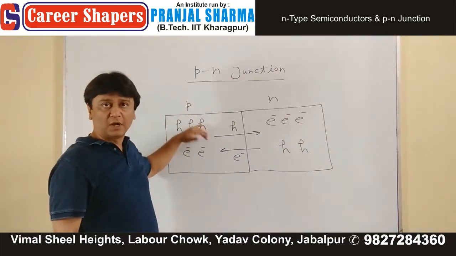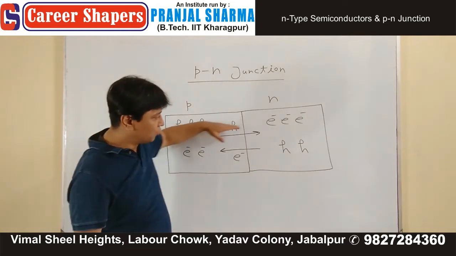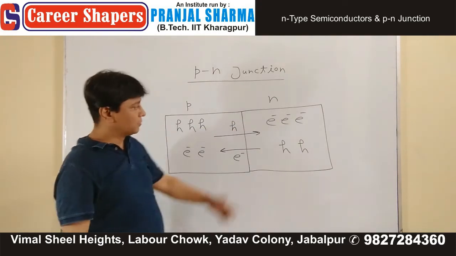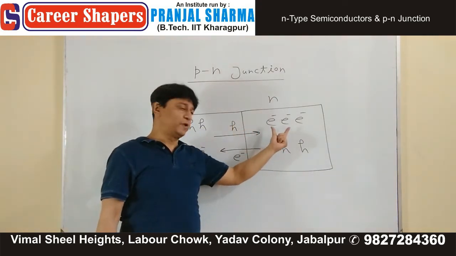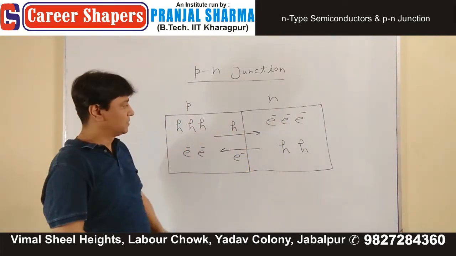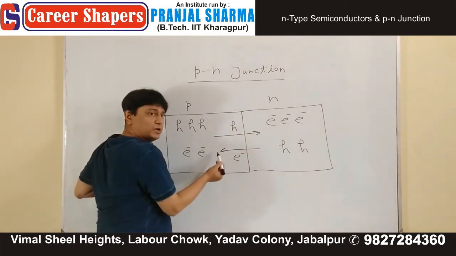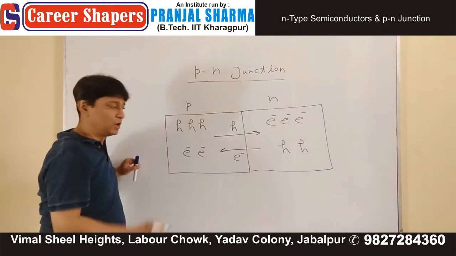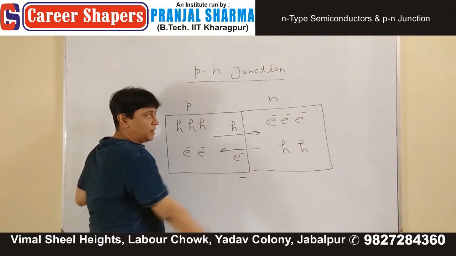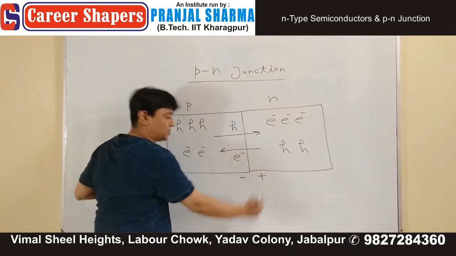They get thermal energy at room temperature and then they move from P side to N side. Similarly, due to thermal energy, these free electrons start moving from N side to P side. When you move negative charge into something which is neutral, then this P side becomes what? Negative, and N side, because of the diffusion of holes, becomes what? Positive.